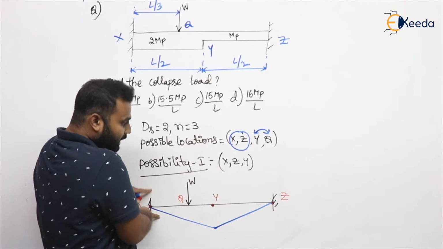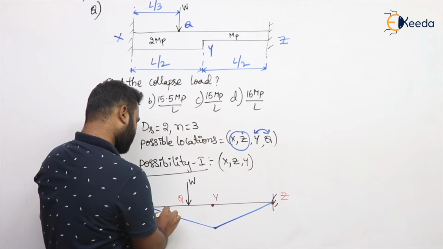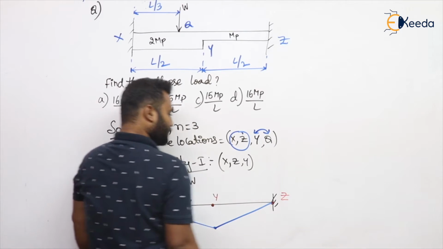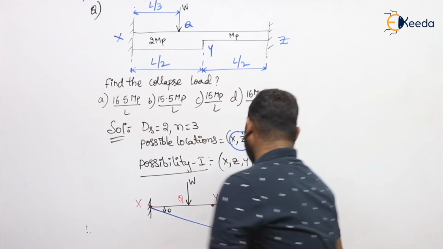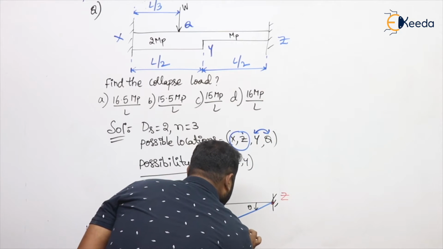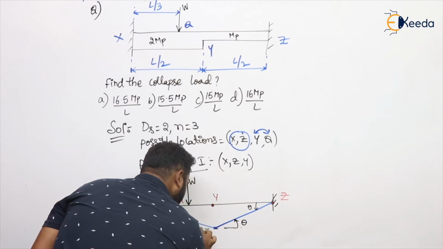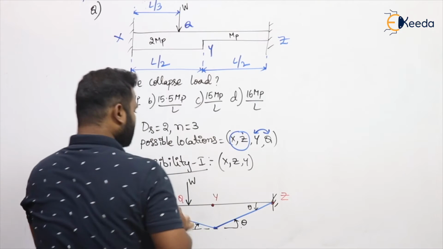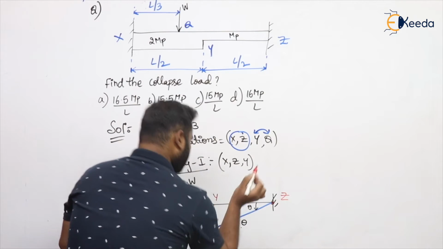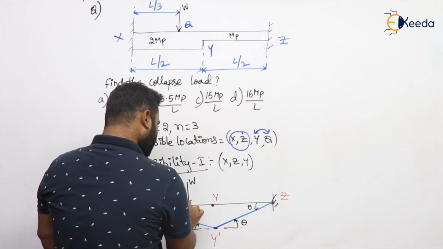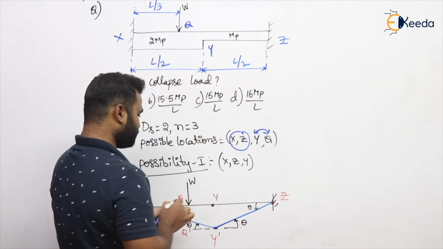That is, if it is theta here, here also it will be theta. And here also it will be theta. And this is Y dash. And this is Q, and this will be Q dash.